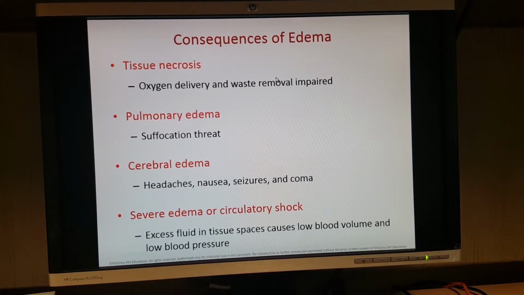So the consequences of edema or tissue swelling: the first consequence could be tissue necrosis, or tissue death, because you have a buildup of those fluids in your tissue space, and this hinders the oxygen and nutrients going from your capillaries into your tissue space.